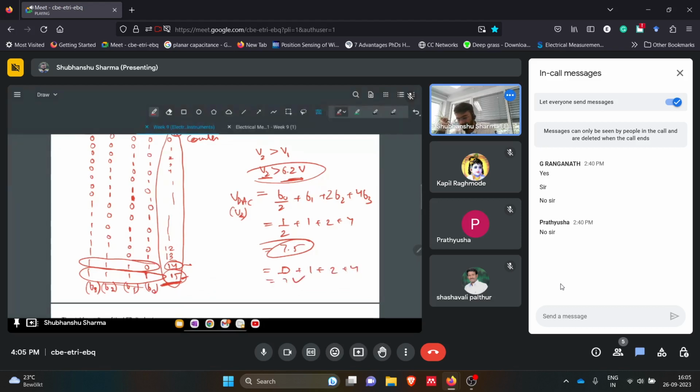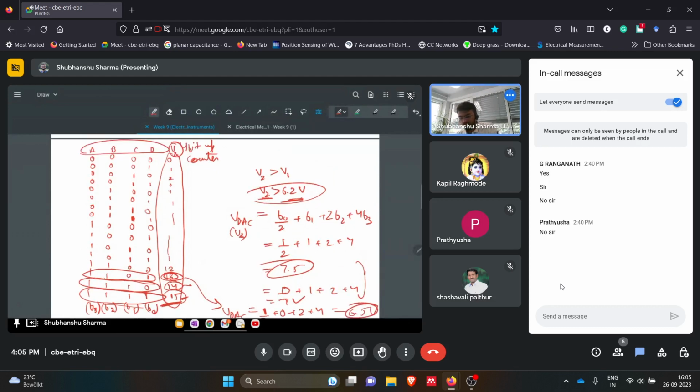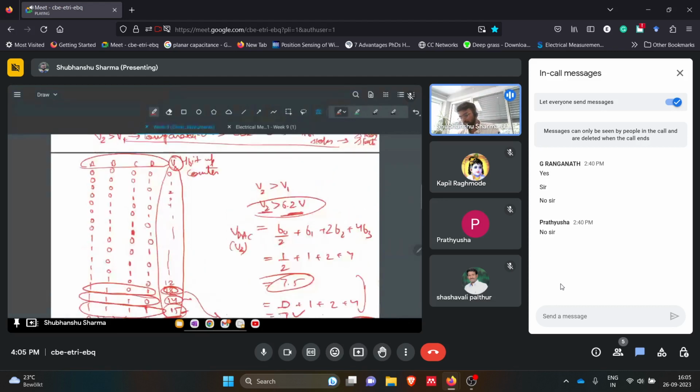So there is a difference of 0.5 volts at each step. That means at 13 we get 1101. What will be the DAC output for that? It will be 1 by 2 plus 0 plus 2 plus 4, so 6.5 volts. 6.5 volts is also enough to make V2 greater than 6.2 volts.